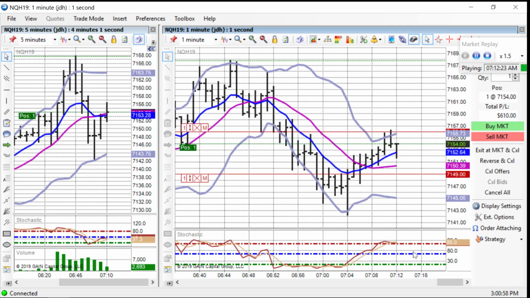Let's see if that's the same bar entry. See, I'm just noticing the momentum here. It's a young trend, so I'm trying to get at least the first target, the first move upward, if nothing else.